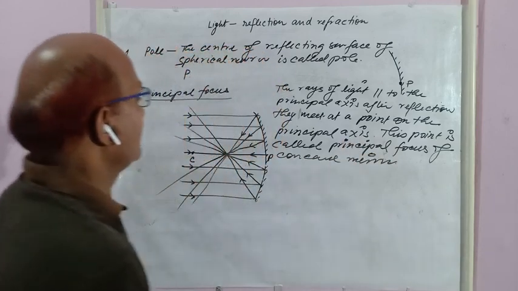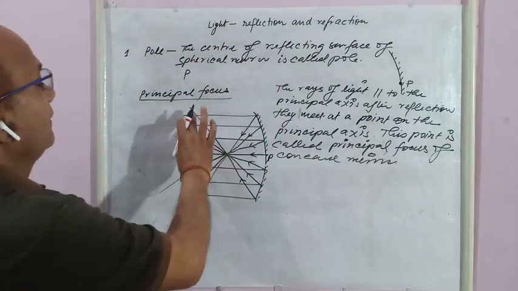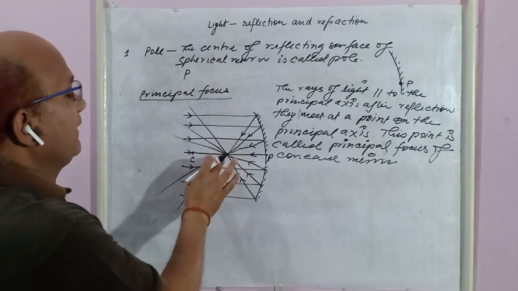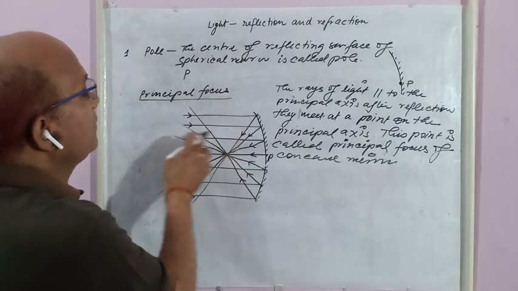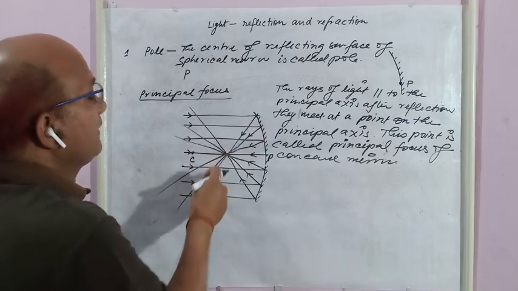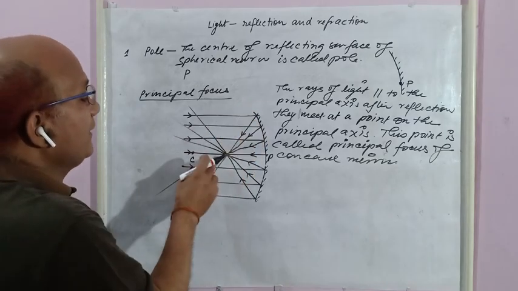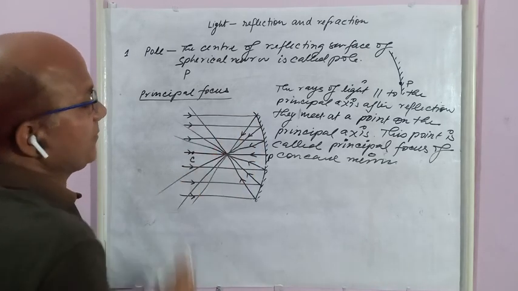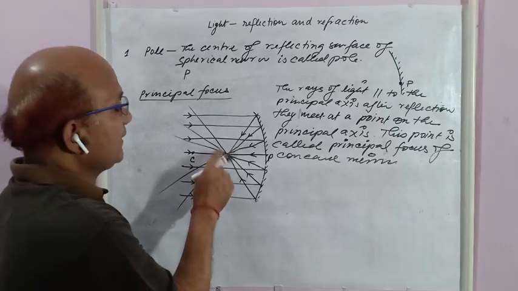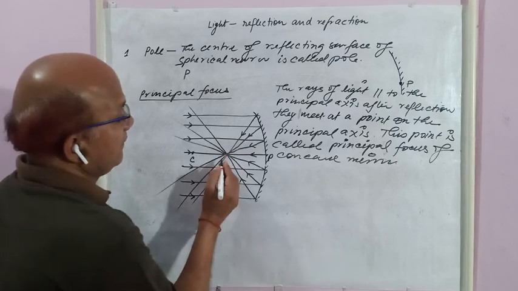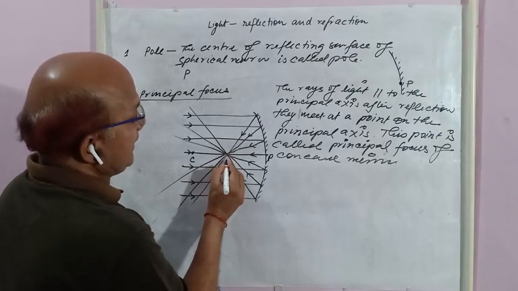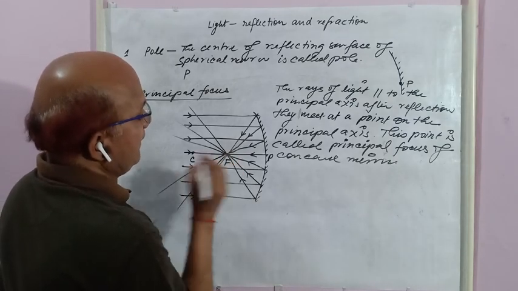Okay, so you can again see these are the rays of light running parallel to the principal axis. After reflection from this mirror, they meet at a point on the principal axis. This point is called the principal focus of the concave mirror, and it is denoted by the letter F.